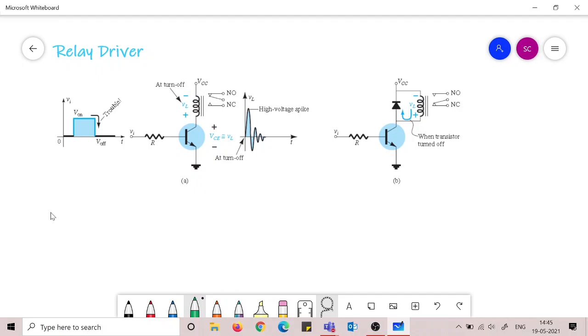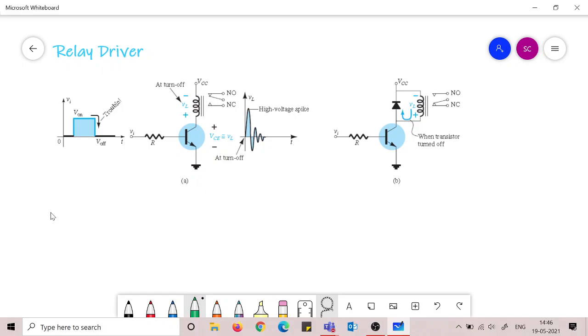Okay. Now how it works, it is very simple. This trigger input voltage, which is the voltage coming due to the fault occurring in some part of the circuit, this is the trigger signal. Trigger signal applied at the base gives rise to a collector current which charges up the solenoid. This collector current charges up the solenoid, and hence it cuts off the relay.